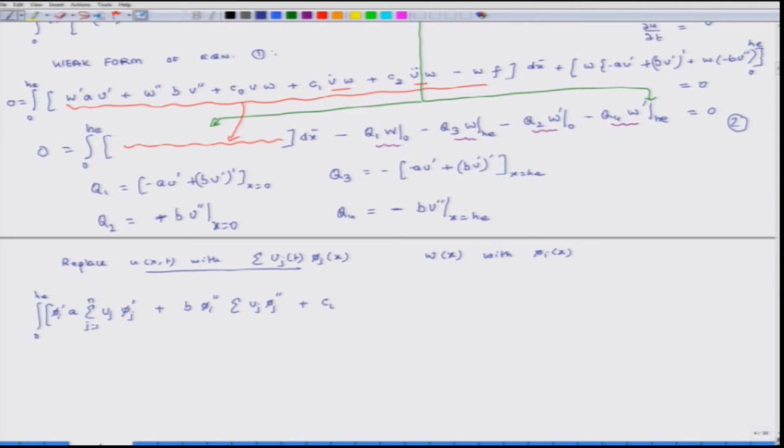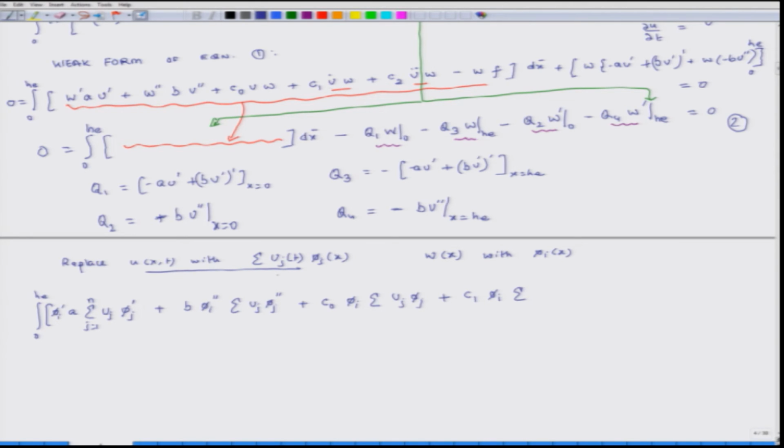plus c naught phi I u j phi j, plus C 1 phi I summation of, and here u is differentiated in time.